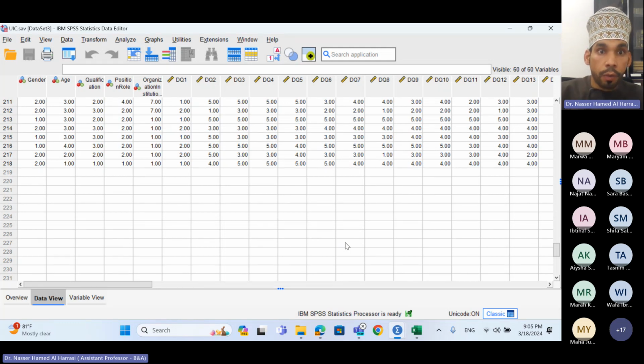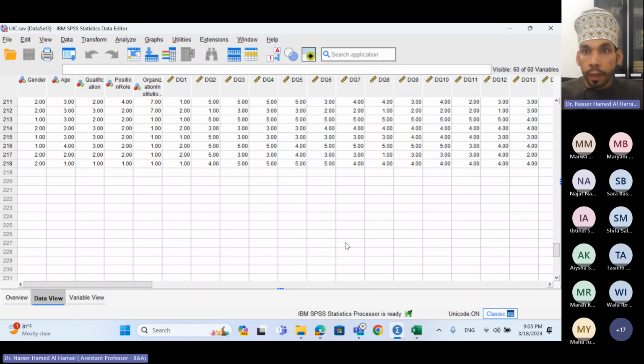So the result of Cronbach alpha indicates that the study instrument, the study questionnaire, is reliable as the Cronbach alpha value is more than 0.7. You have to indicate and report the result of the Cronbach alpha in your study.